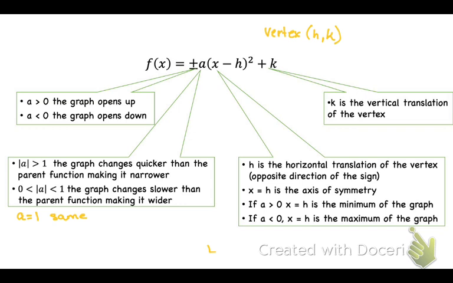If A is less than 0, that means it opens down, and the vertex is a maximum then. It's either the highest or lowest point. K is the vertical translation of the vertex. So this is everything you already had in your notes once, and we've already dealt with it quite a bit, I think. We spent quite a bit of time on it.